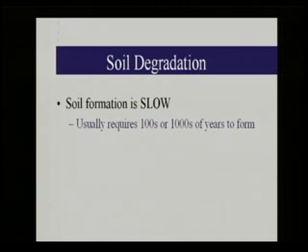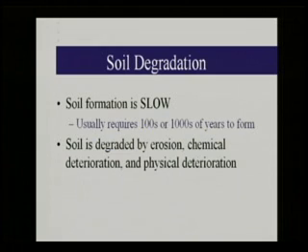Now, unfortunately, soil formation is a very slow process. It usually requires hundreds or thousands of years in arid environments for soil to form. Soil can be degraded by erosion, by chemical deterioration, and by physical deterioration.